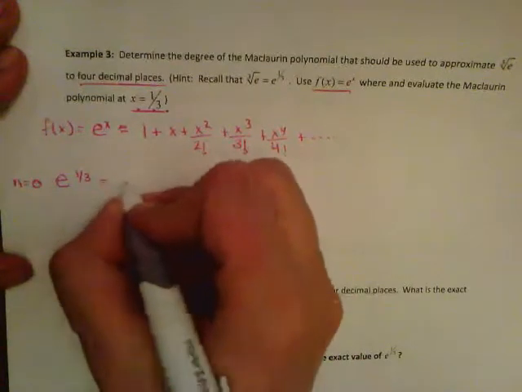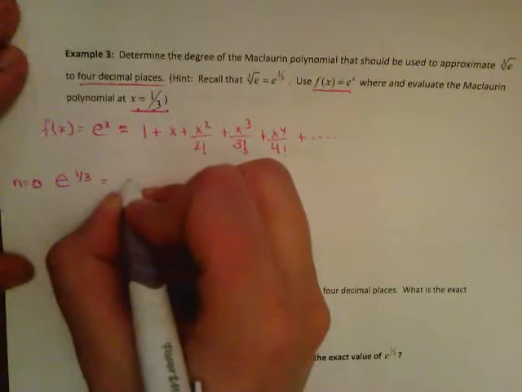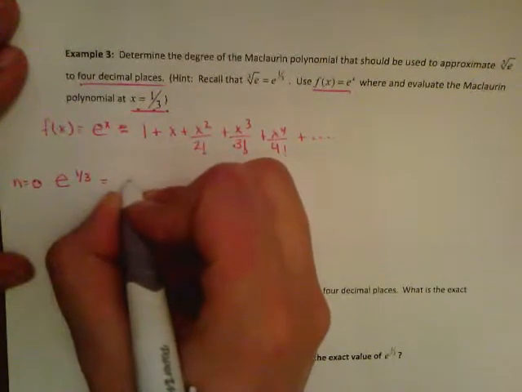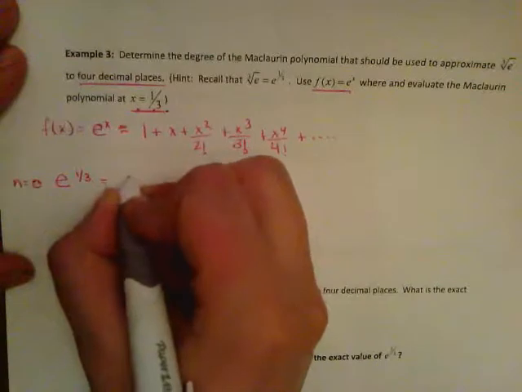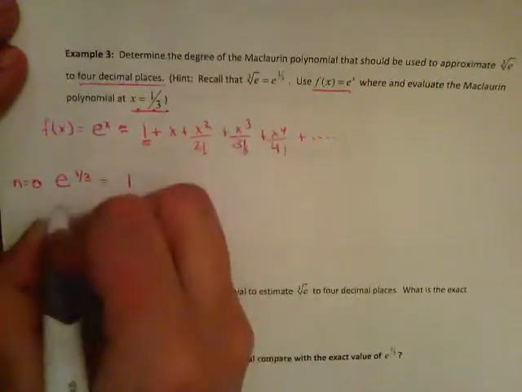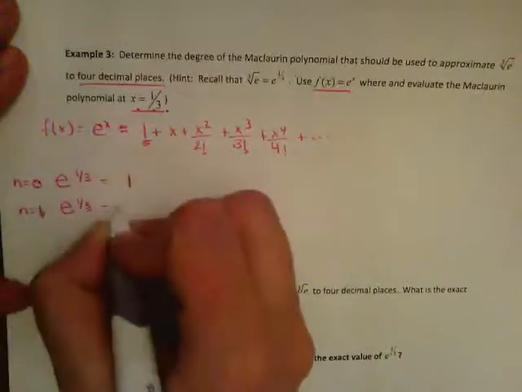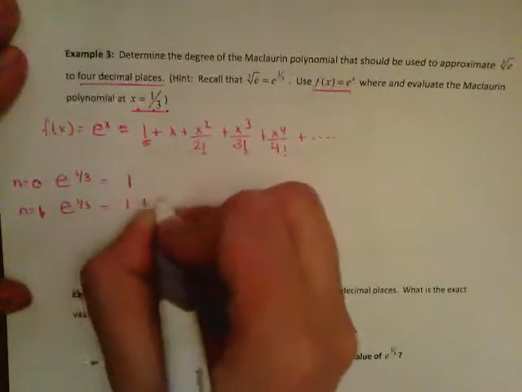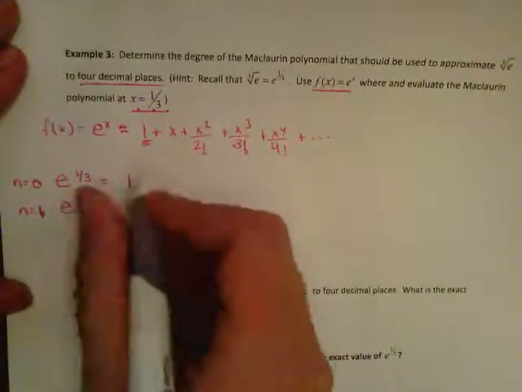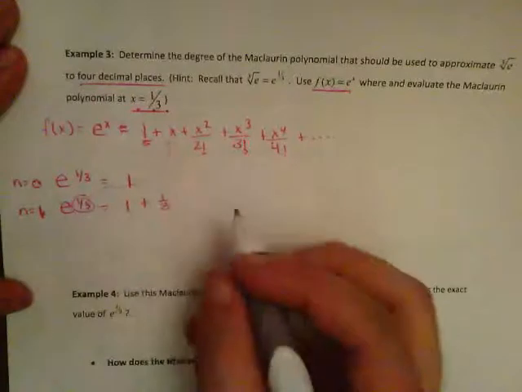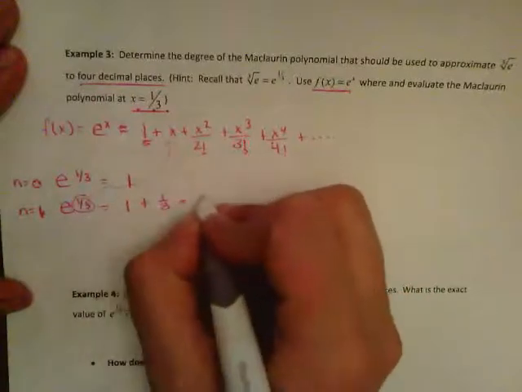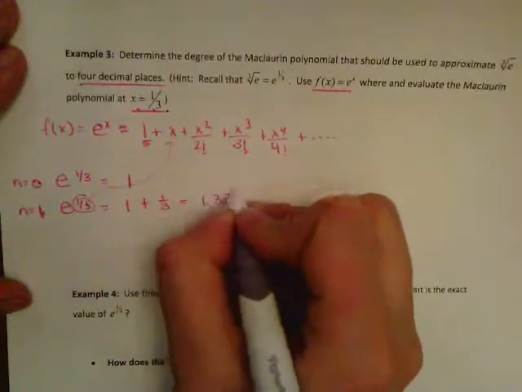That's going to be 1, right? Now e to the 1/3 when n equals 1 is going to be 1 plus our 1/3, right? You plug that into your x, which is 1.333 repeating.